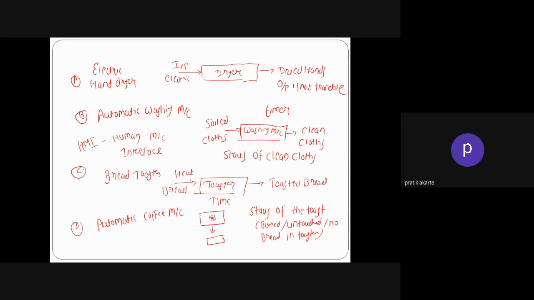We use electric hand dryers, automatic washing machines, toasters, coffee machines. But why are we using them? Because these equipments are made to have an HMI, human machine interface. That's why they work very fine whenever they are installed to serve the proper objective. So I hope the open loop control system is clear to everyone.